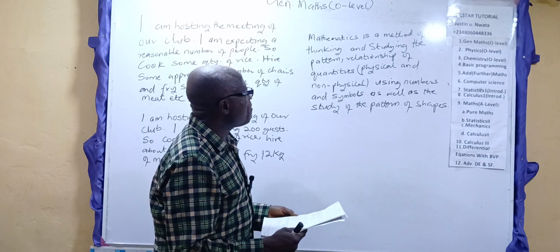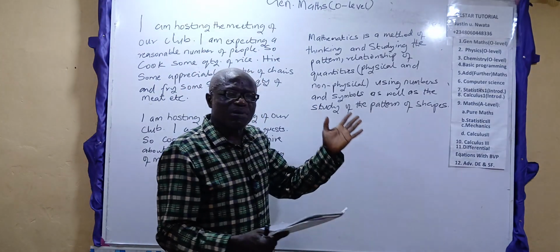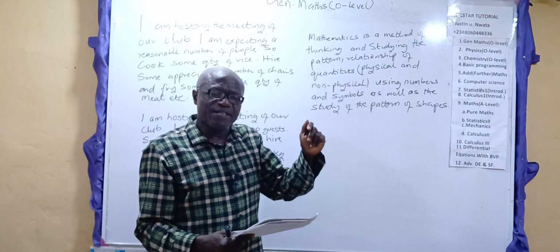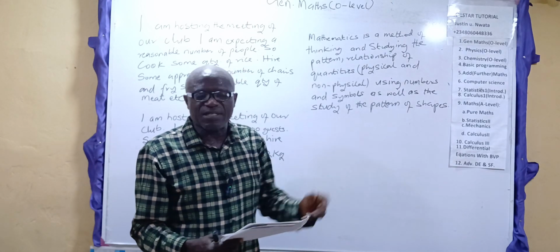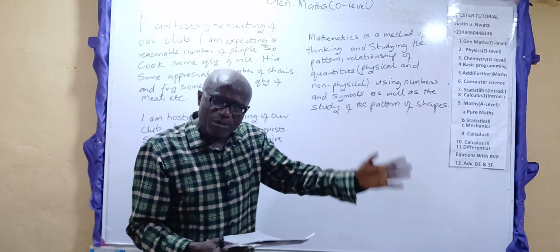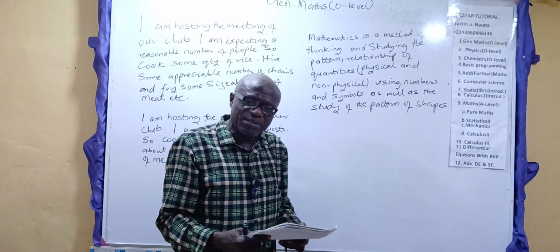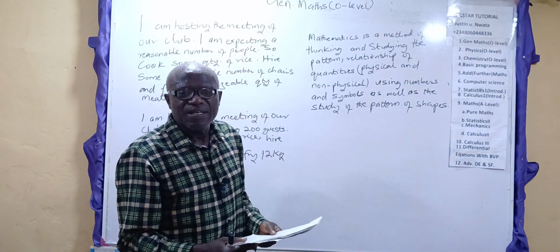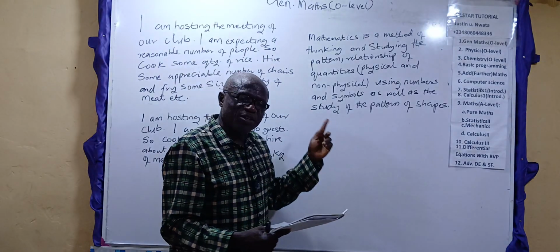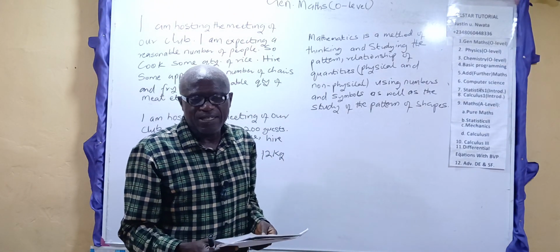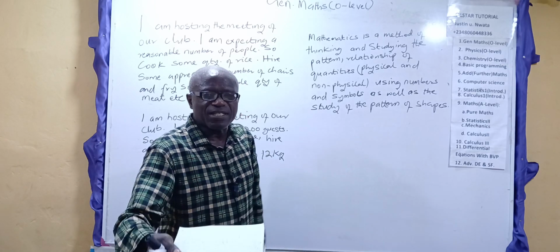Under normal condition, mathematics is supposed to have a definition. After definition, then different classifications of mathematics, the importance of mathematics, how to study and understand mathematics before you know what comes under mathematics. This problem is mainly caused by those in the various ministries of education, the education planners, the curriculum which they want to hand over to teachers.